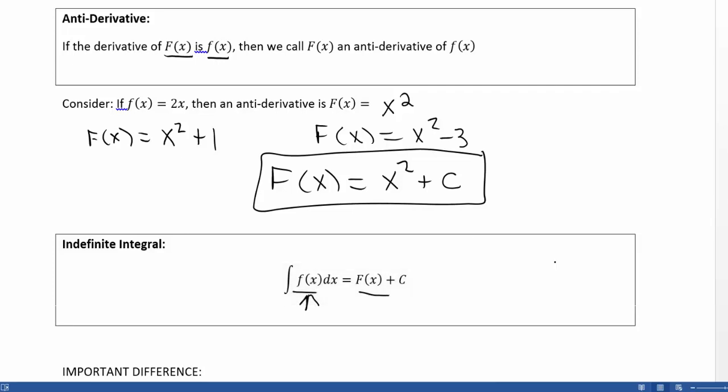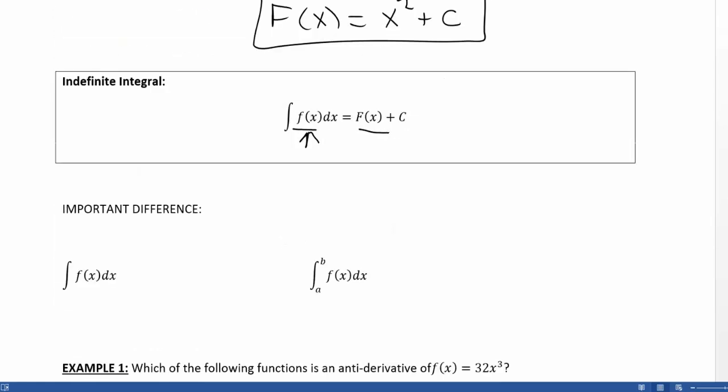So there comes about a very important difference when we use the integral symbol. When you use the integral symbol with no numbers on the bounds, that's an indefinite integral. And again, that means you are looking for the antiderivative of the function, so your answer is a function.